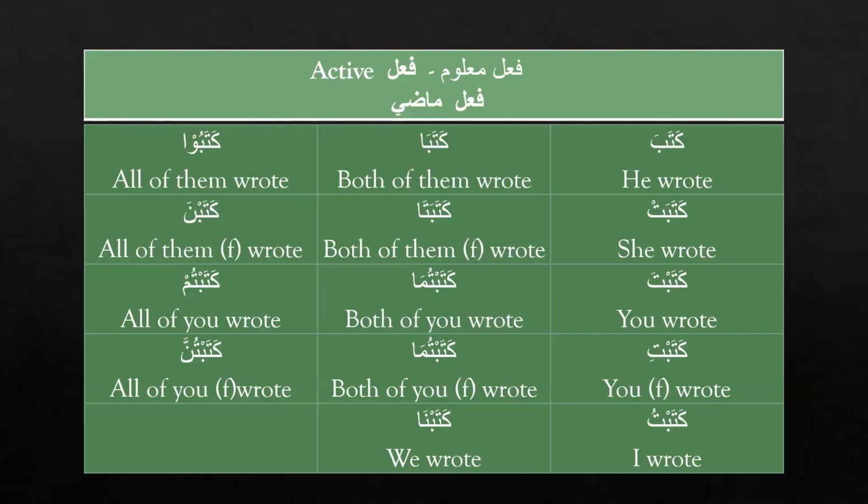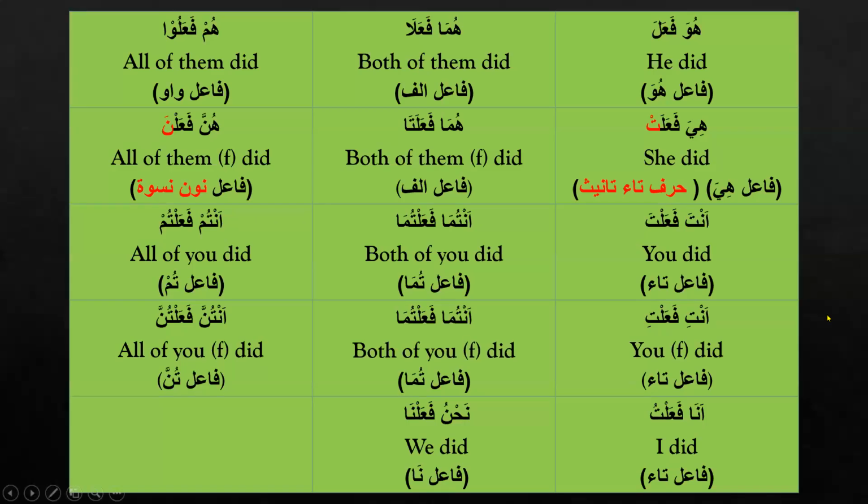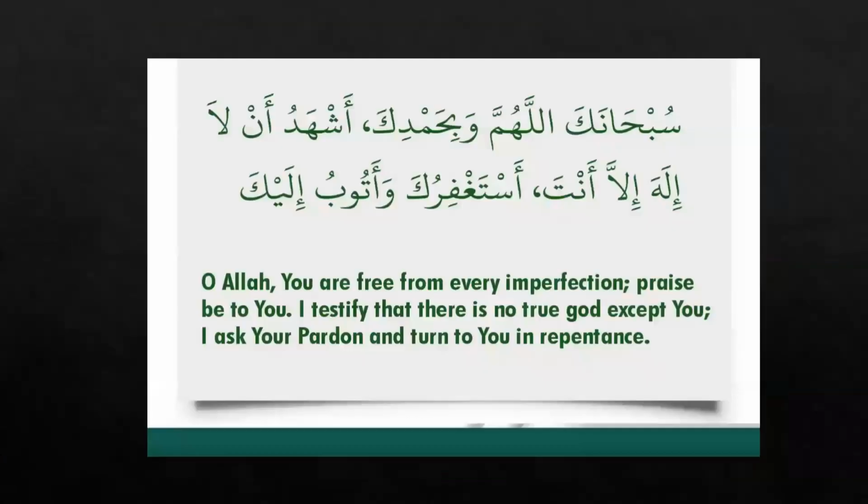Just focus on this Nasara chart or Fa'ala chart, and please try to remember it before the next class, so it will be easy for you to progress in your study of fi'l, inshallah. So, with that, I will end my session, and inshallah, we will meet in the next session.